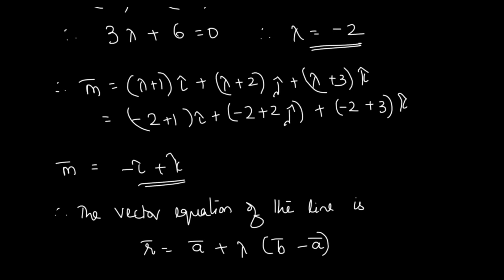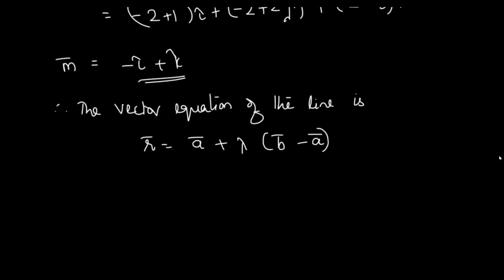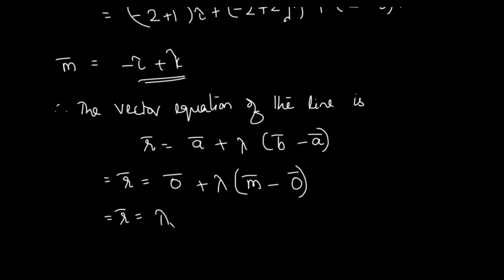In this case, A we are taking as the origin and B we are taking as M, which is actually R is equal to 0 plus lambda (M minus 0), which is R is equal to lambda M. So we can write it as lambda into (minus i plus k). So this becomes the required equation of the line.